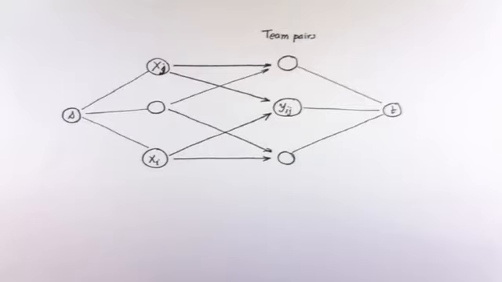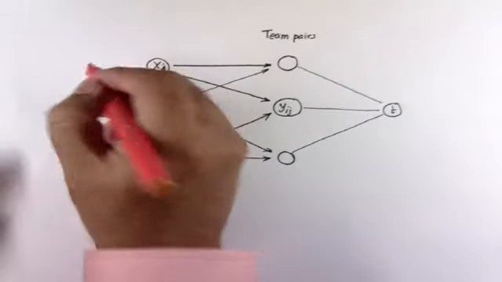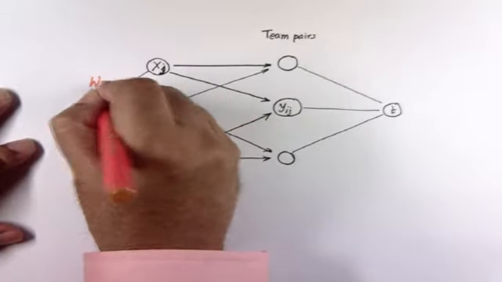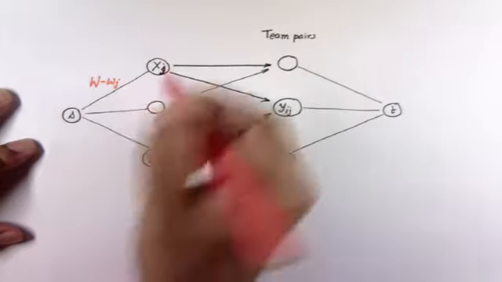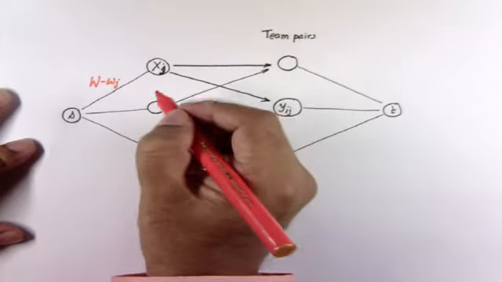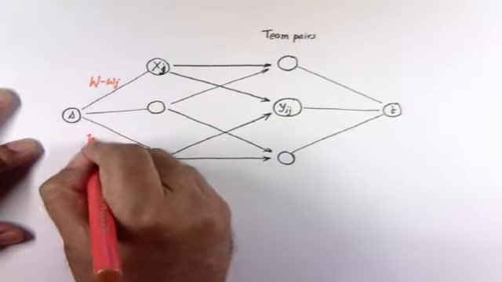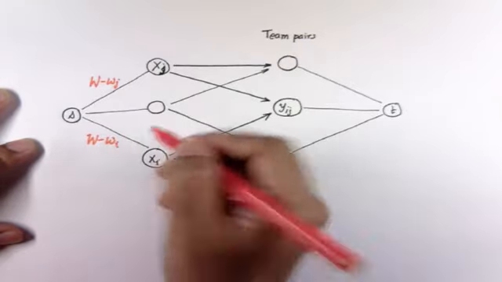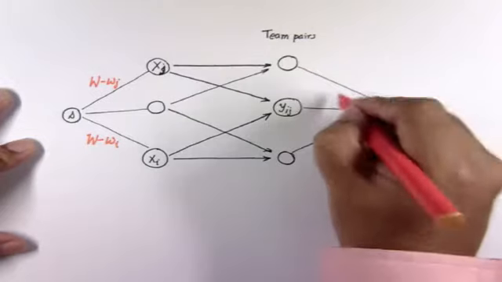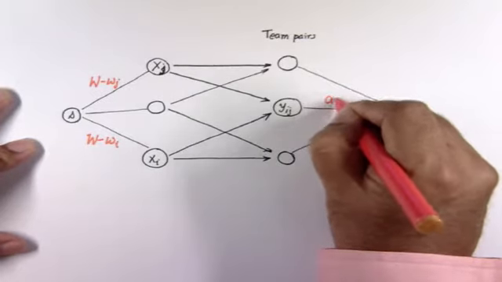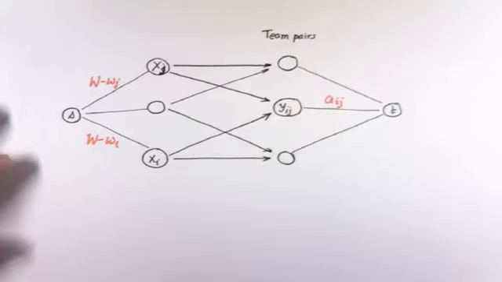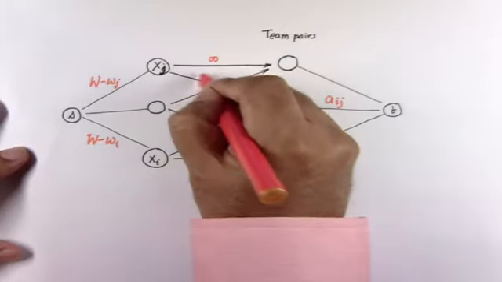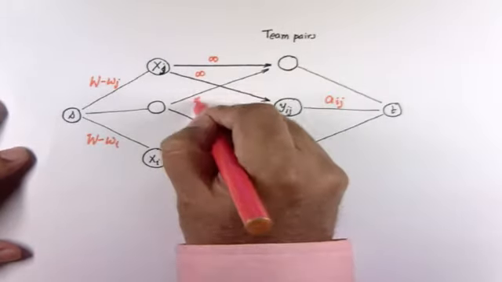Now, let me write down what the edge capacities are, and then we will open up the discussion on why this will work. This is W minus Wj, this is W minus Wi, and so on, and this is Aij. And these will all be infinite capacity edges.